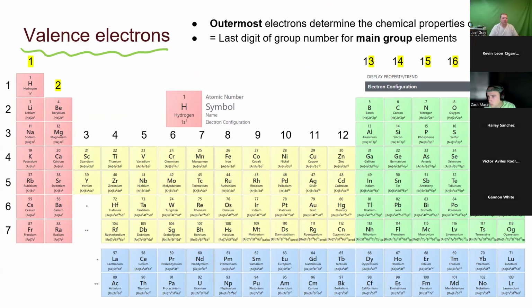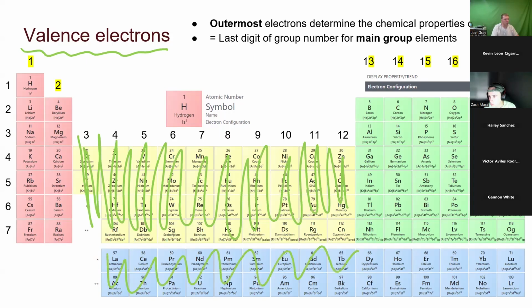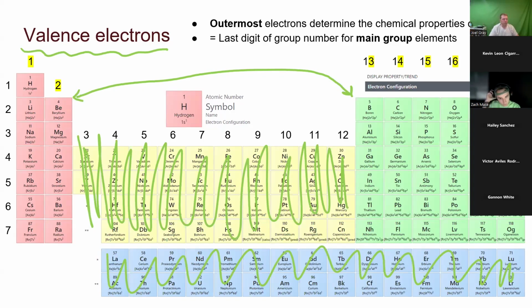And there's a quick way to determine the number of valence electrons that your main group elements have. For your main group elements, we kind of omit or skip over this central region. If you're curious as to why, one reason is that these main group elements, those that are here and here, are kind of your most abundant.